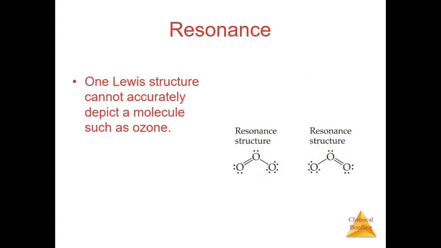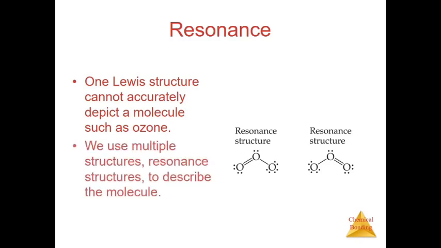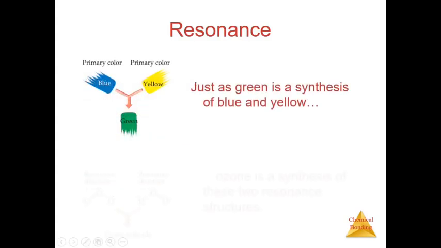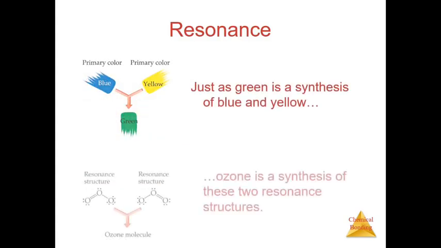So one Lewis structure is not going to accurately depict a molecule such as ozone. It's showing the two that I just showed you earlier. And it's just giving you another example here. Just as green is a synthesis of blue and yellow, ozone is a synthesis of both structures. You will see them both occur basically 50-50.